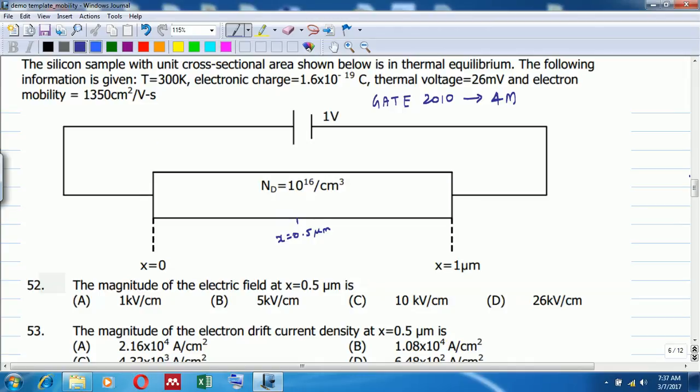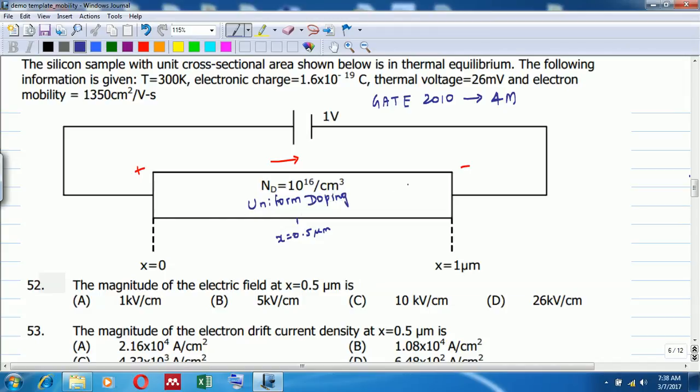There is a potential applied across the semiconductor. This is 1 volt, and because of this there will be an electric field inside the semiconductor. So one thing you should know is when this doping is uniform doping.